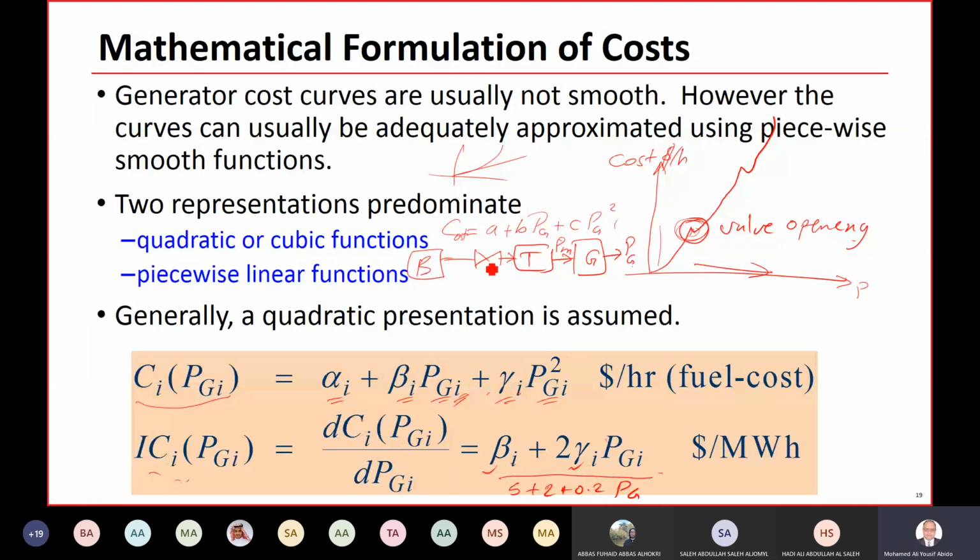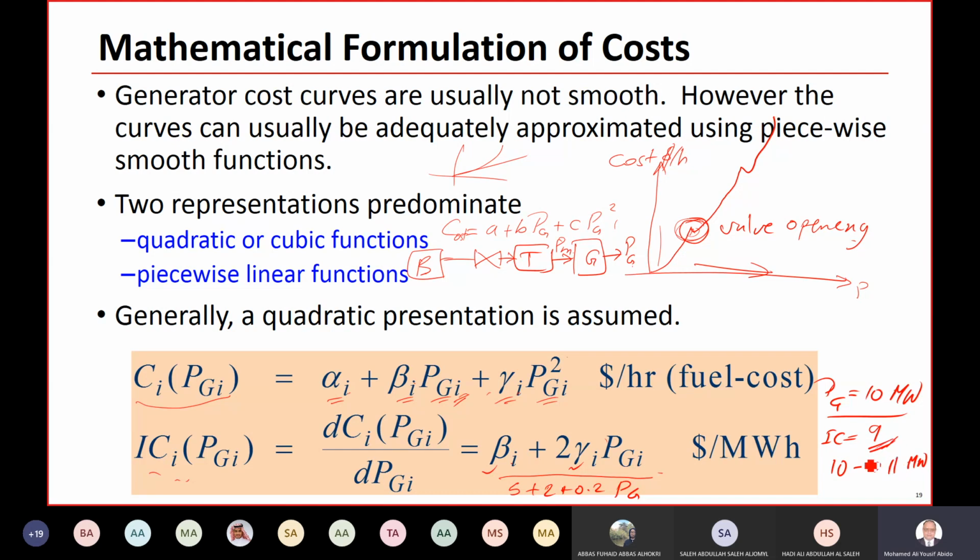If the generator generates at this instant PG equal to 10 megawatt, and you substitute here, the incremental cost equals 5 plus 10 times 0.2 times 2, which is 4, plus 5, so 9. So you will pay $9 in order to get 1 megawatt more, in order to move from 10 megawatt to 11 megawatt.